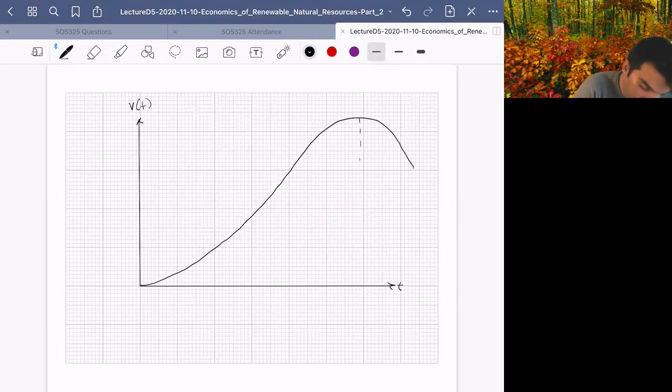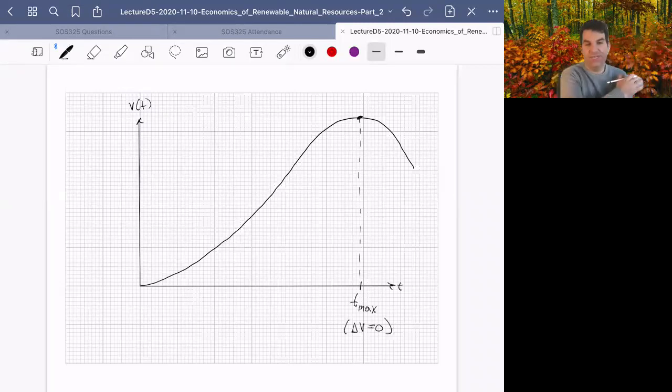Then this point up here is T max. And that occurs when delta V is equal to 0. So we wait for delta V to get all the way down to 0.